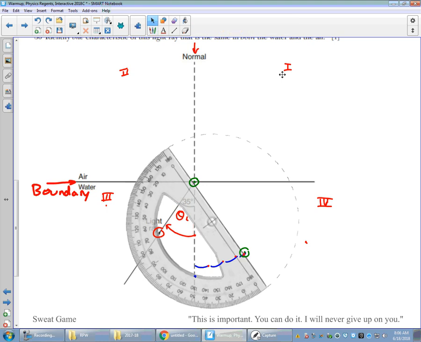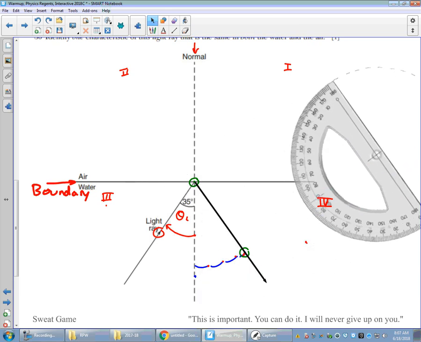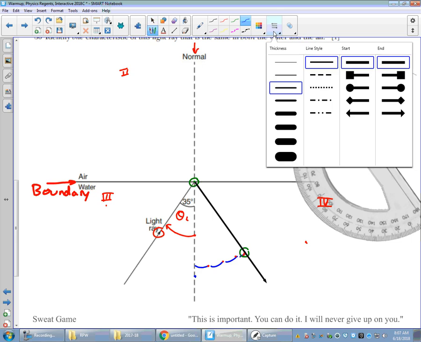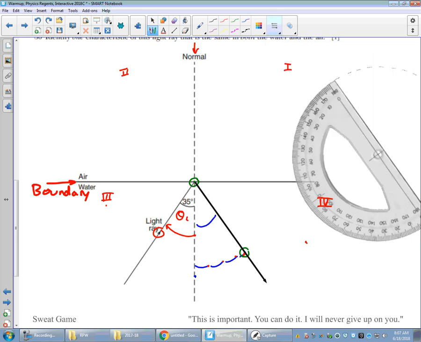So in this case, we'll do something like this. I would go past the dot. Something like this. If you notice, mine seems to line up at that intersection point and go through the dot. That's what you want. If you miss, erase it and do it again. Okay, so the angle of reflection then is, of course, 35 degrees.